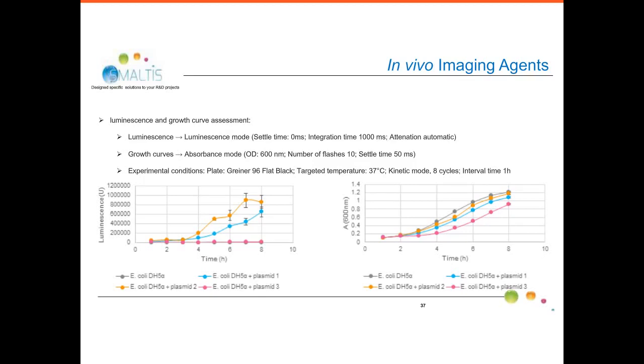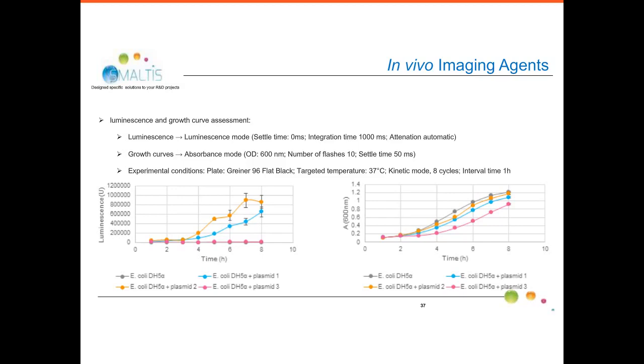By using these 2 properties, we were able to measure simultaneously the luminescence of our constructions and also the growth rate of our strains. So, as you can see on this graph, we have obtained 4 constructions which are able to produce different levels of luminescence, and there is no correlation with the growth rate.